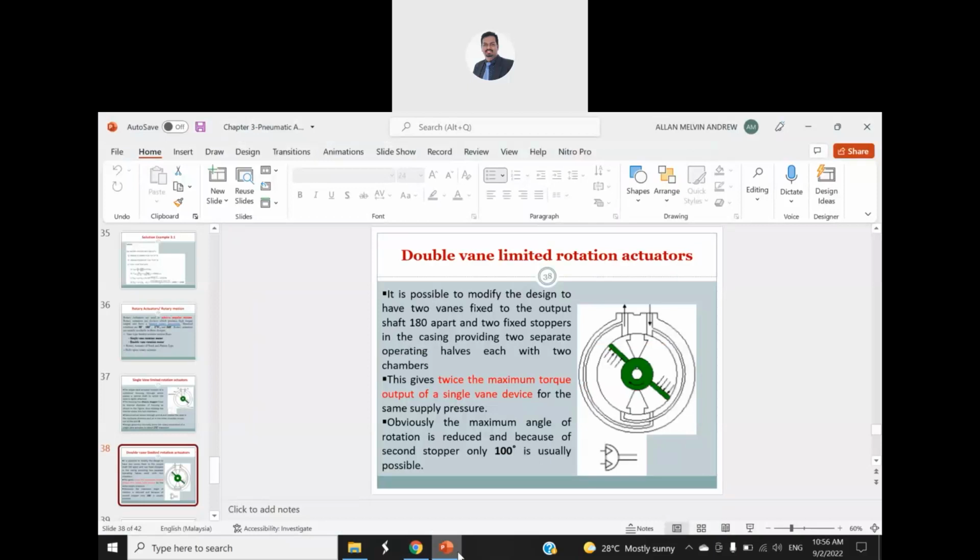Why is the torque doubled up? Anyone? If you really listen to my lecture and follow, you can answer. There must be a reason. All the questions that you cannot answer, I may consider putting into the exam.